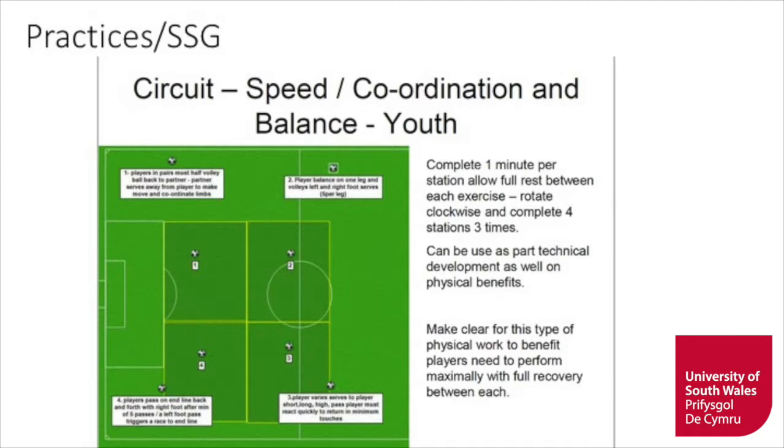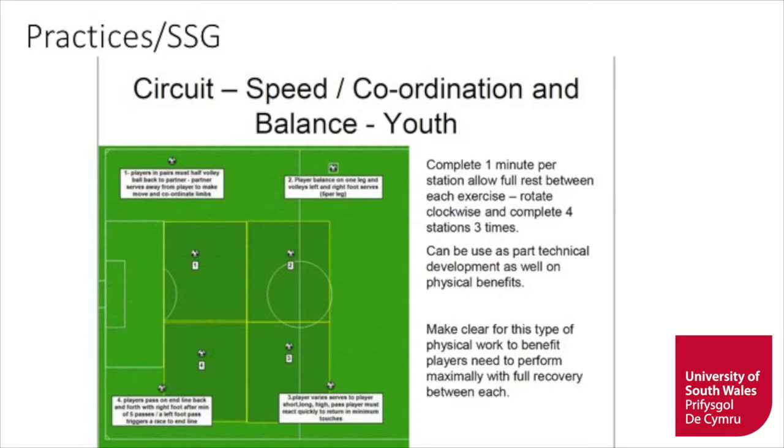This process can be repeated for a certain block of time. In the second station, the server has the ball in their hands, with the working player receiving the ball from the air with either a bounce or on the volley, developing their coordination. The third station, working on balance, the server has the ball in their hands while the working player is stood on one leg.